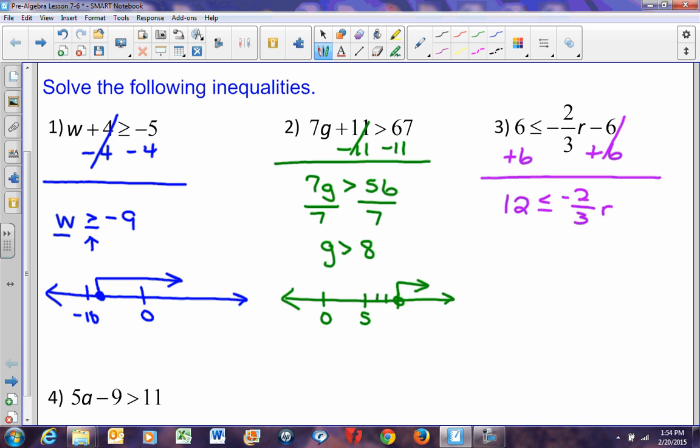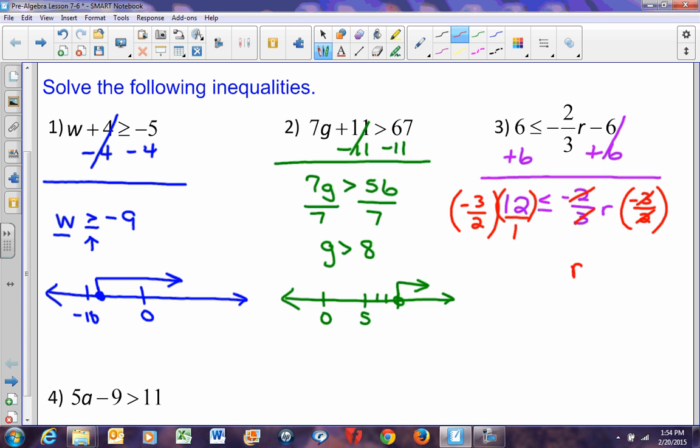To get r by itself, I have to multiply by the reciprocal. The reciprocal of negative 2/3 is negative 3/2. So I do 12 over 1 and multiply that by negative 3/2. Over here on the side, the 3's cancel, the 2's cancel, and I get positive r. I did multiply by a negative, so my inequality sign must switch.